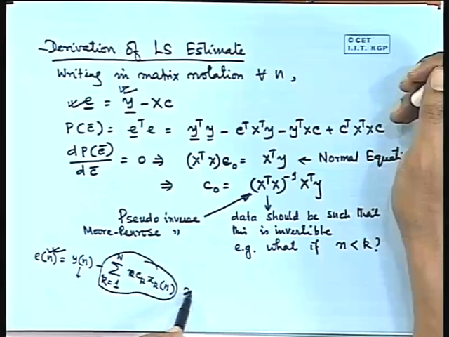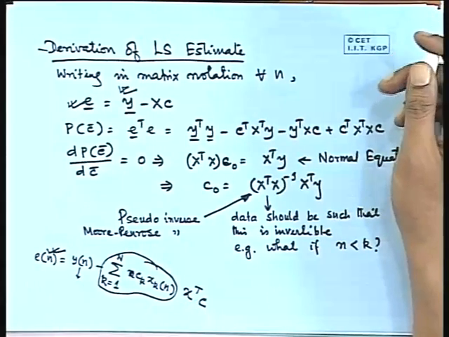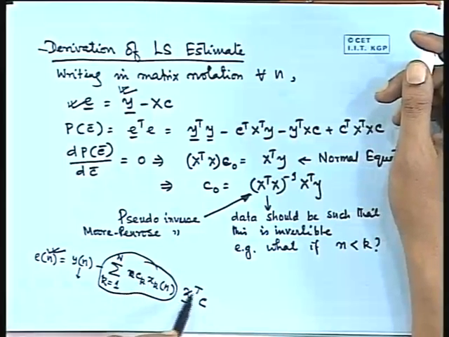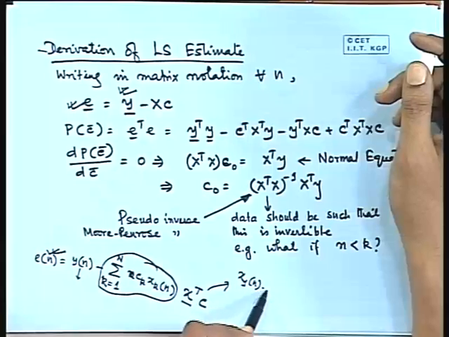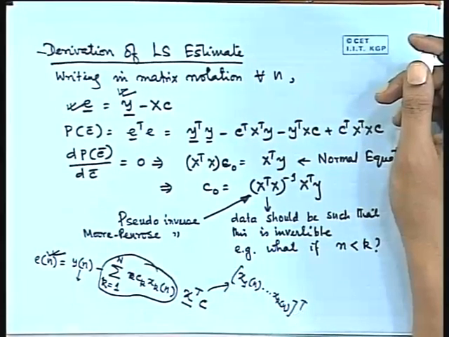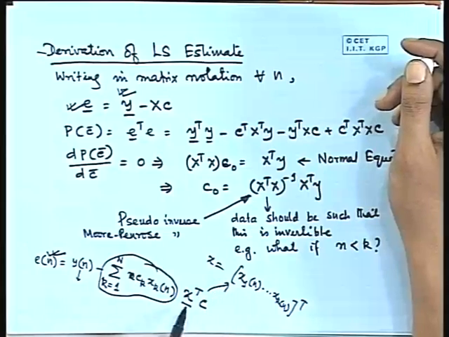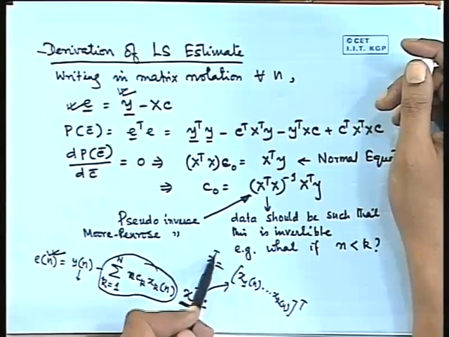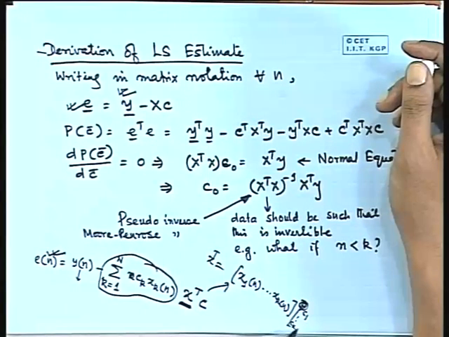You can write X transpose C. X is a column vector, so X transpose is a row vector. X transpose is nothing but the vector x1n to xkn transposed, and C is a column vector, C1 to Ck.